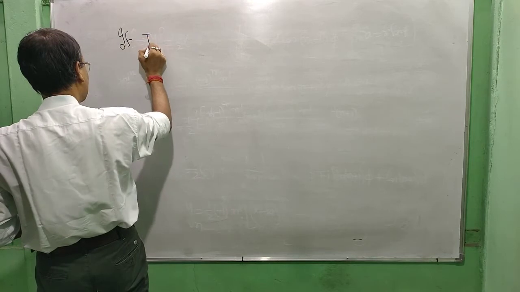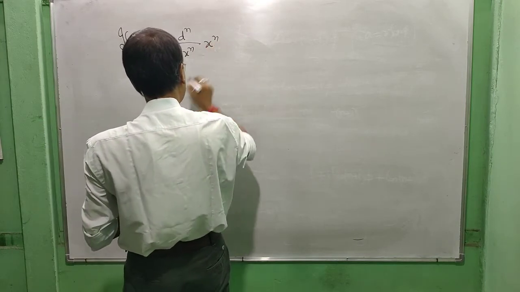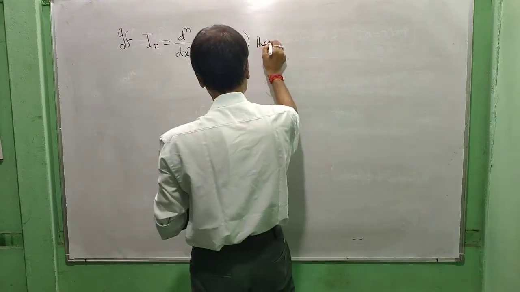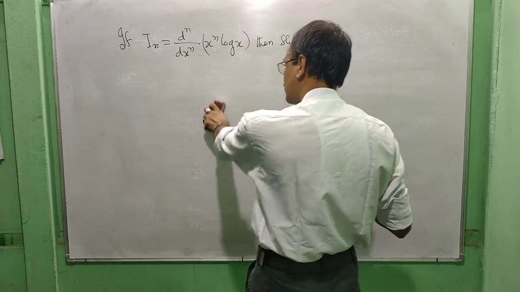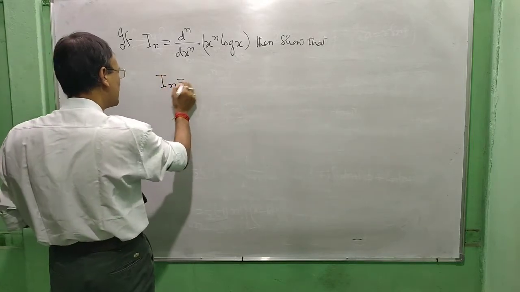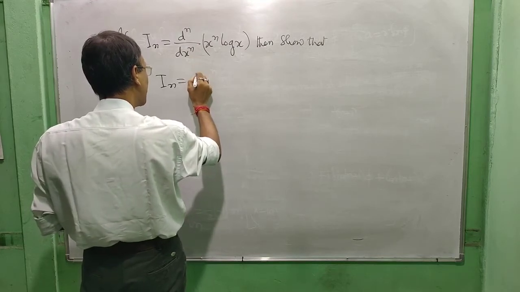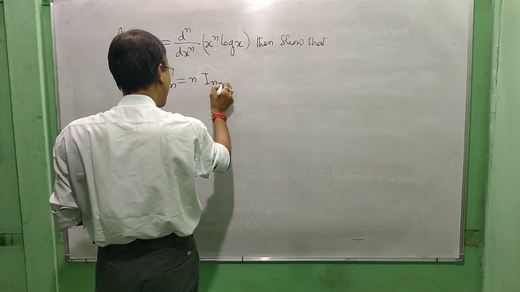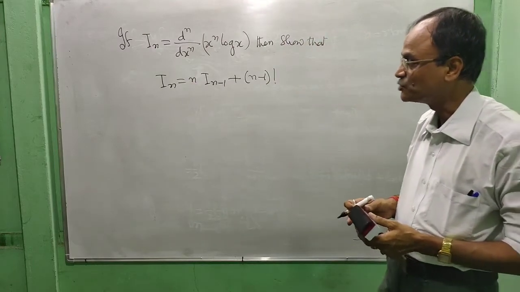If I_n is equal to d^n/dx^n of x^n log x, then show that I_n is equal to n times I_(n-1) plus (n-1)!.